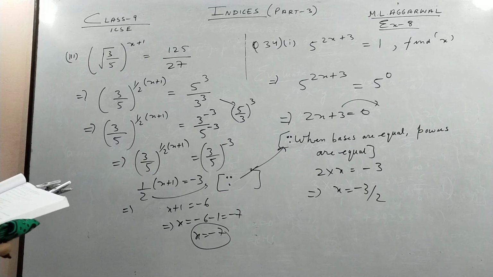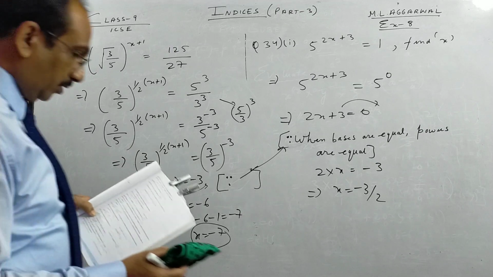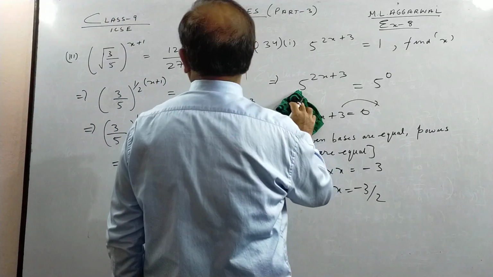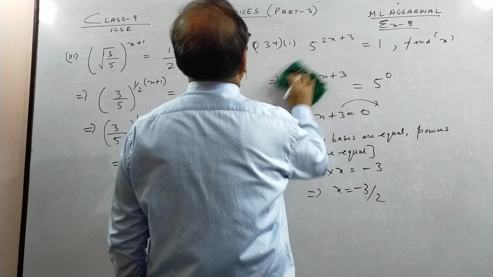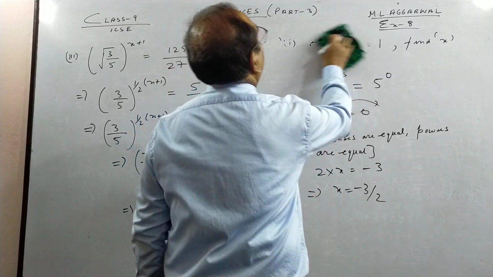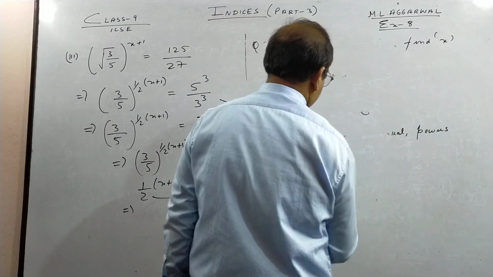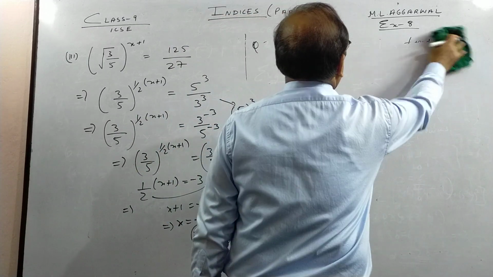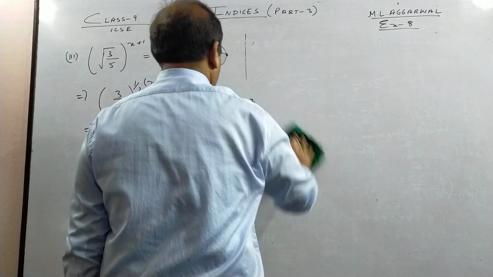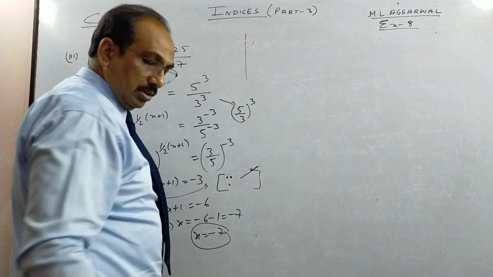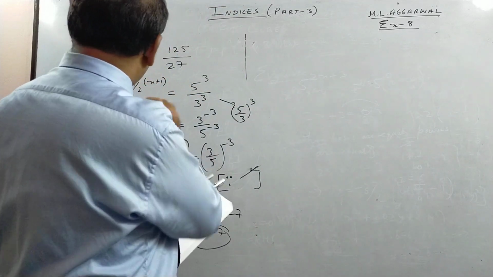Now we move on to a very similar question, 35 part 1, which you will see is very much similar to the question I did just now, that is 34 part 3.